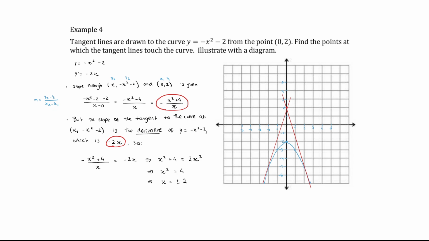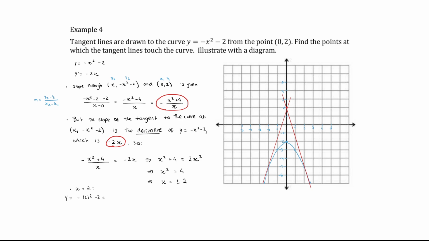So here again we have two different values for x. Well, when x is equal to 2, y is equal to negative 2 squared minus 2, which is going to be equal to negative 6.